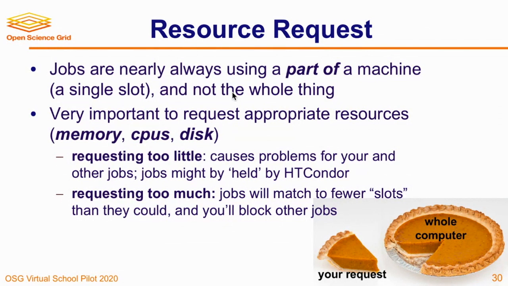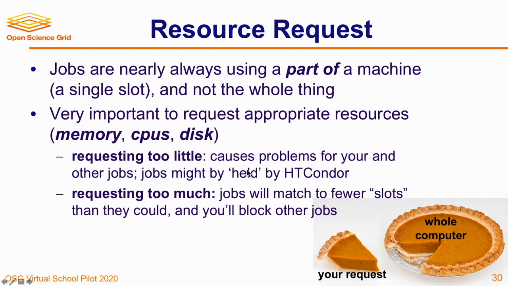And ideally then, there would be enough memory and disk for all of those cores to be available in separate slots. So if you are over requesting memory or disk, you are blocking your jobs and the jobs of others from being able to use that memory or disk, and you're matching to fewer slots. There may be more machines that would have enough memory and disk for your jobs if you weren't requesting too much.